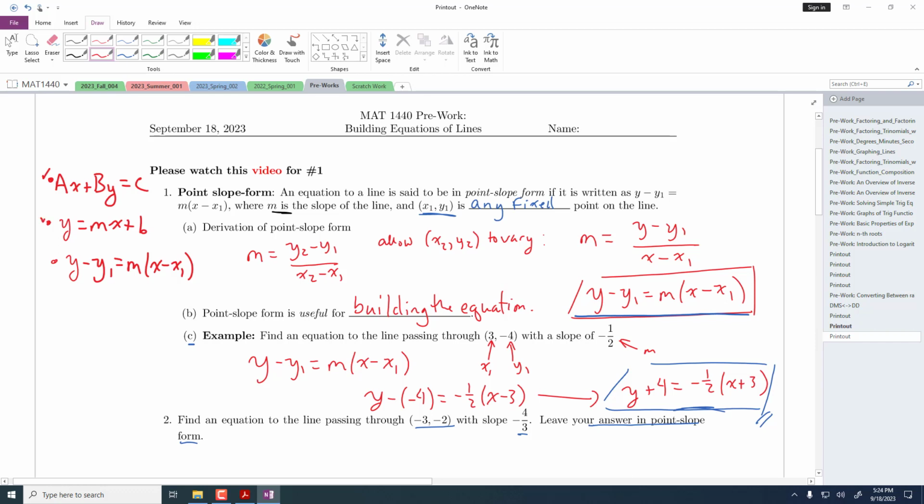We saw that this was also very handy for graphing. This one was also for finding the x and y intercepts. But this third form of the line, I need you to know that this point-slope form of the line is useful for building the equation. And that's the big takeaway in this class and in your calculus classes. Whenever you're asked to build the equation of a line, you want to be using this third form right here. Thank you, folks, and I'll see you in the next video.